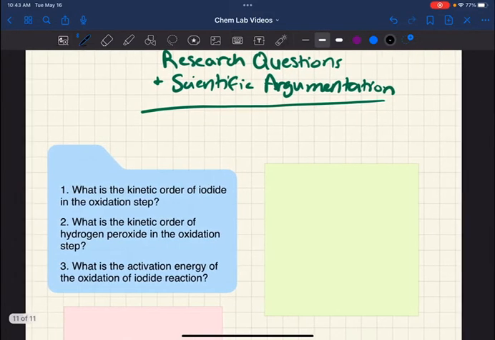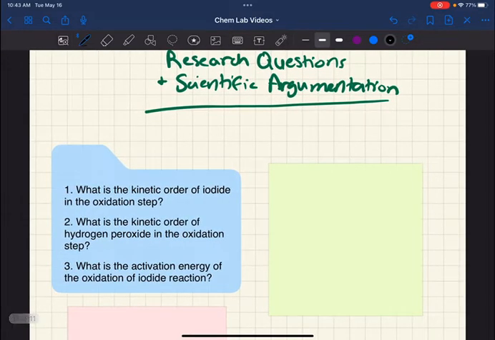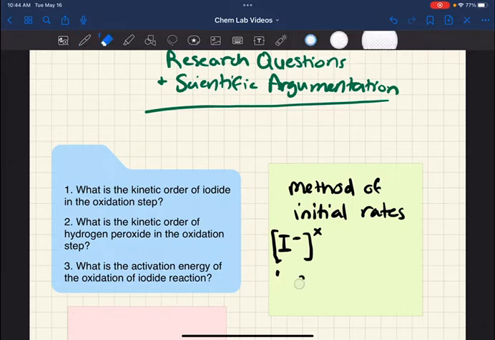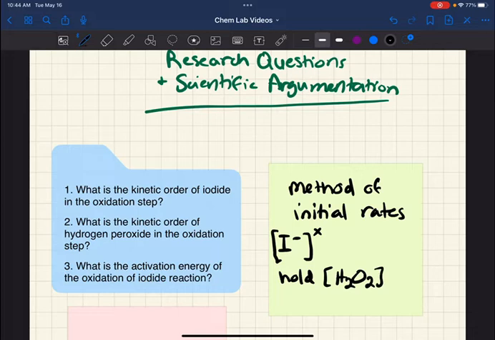And so, to answer the first research question, we'll use method of initial rates, and we'll use that specifically for I minus concentration, so we can determine its exponent, and we would hold the hydrogen peroxide, H2O2, constant.